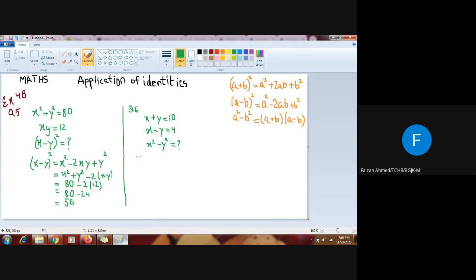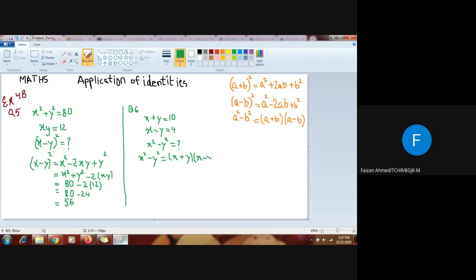That identity is basically x square minus y square when a question is given in this form. So I can simplify it by using the third identity, and the third identity says that you have to add x and y first, and then subtract x and y.